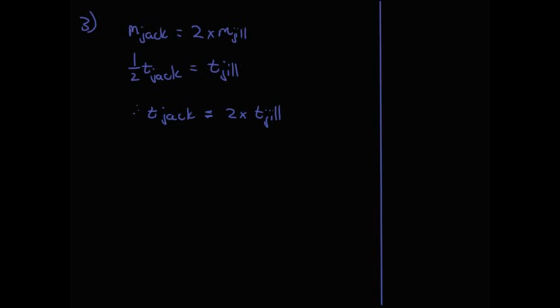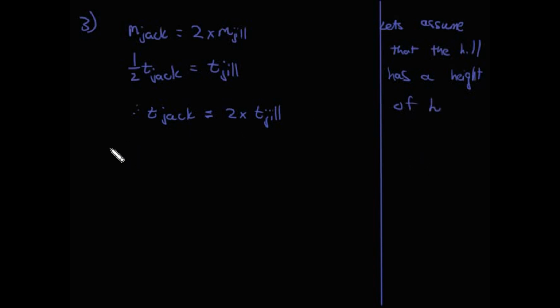The work done here was to increase the gravitational potential energy of the system, because they're running up the hill. So let's assume in the corner here that the hill has a height of h.